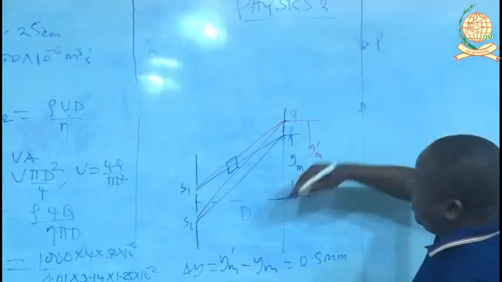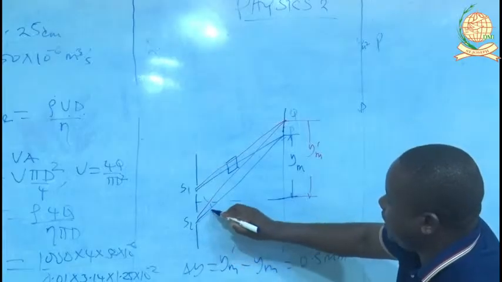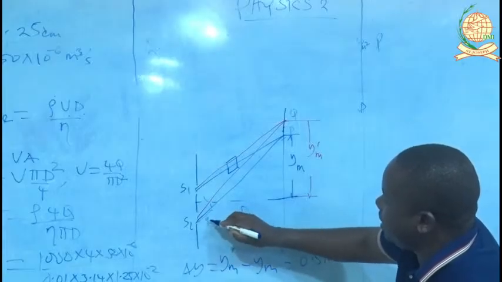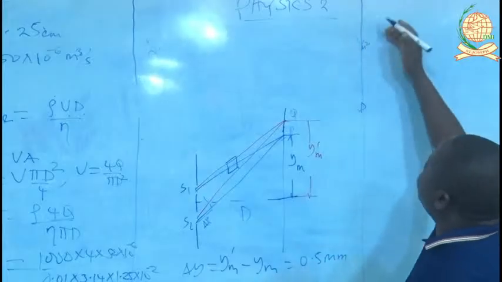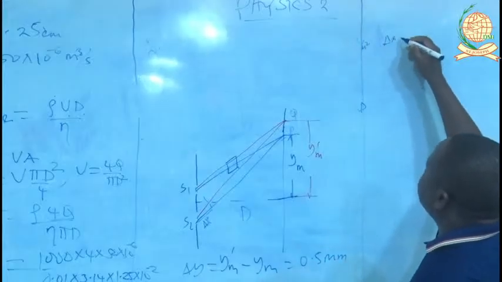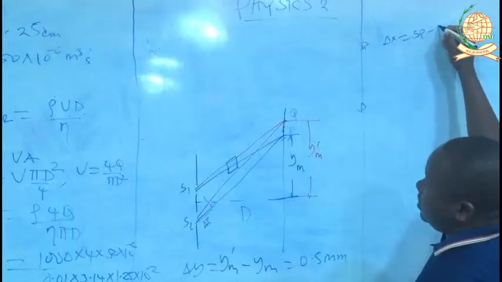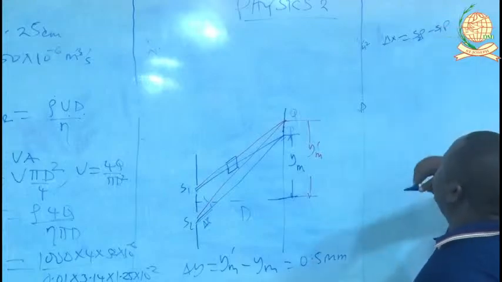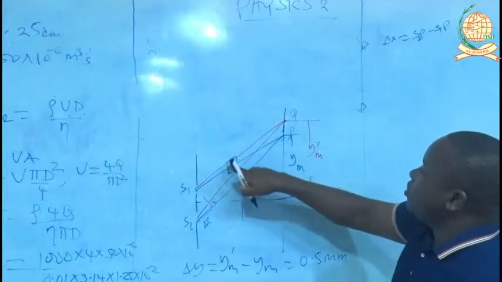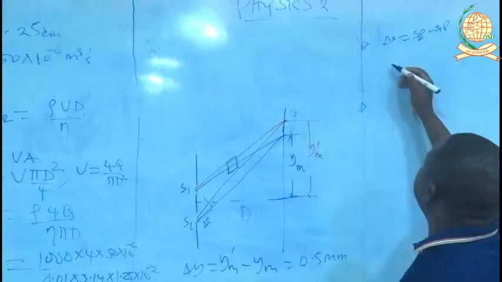Initially, the fringe separation, the path difference x, was given by S2P minus S1P. But if you introduce this material, this path will be increased.